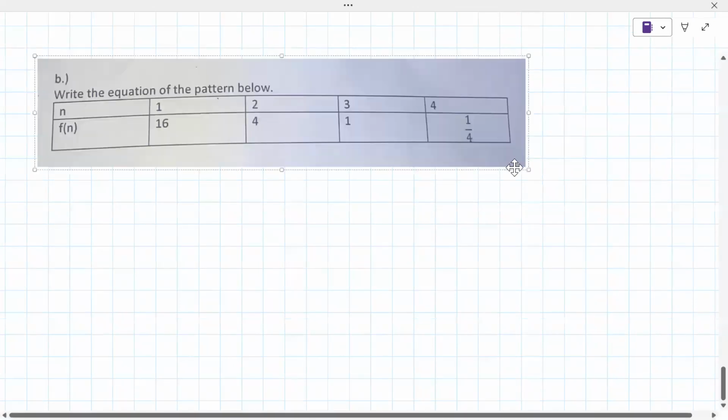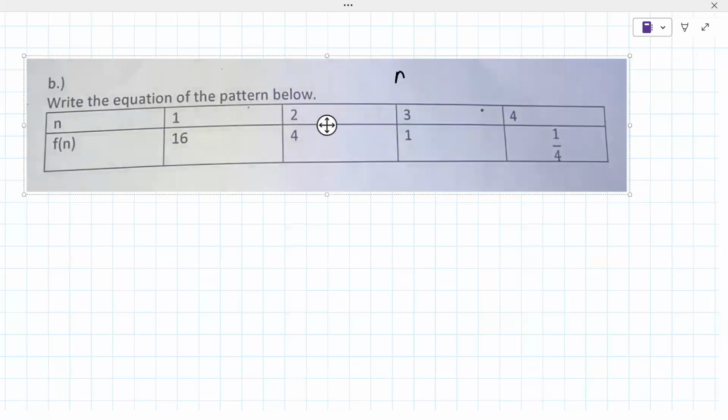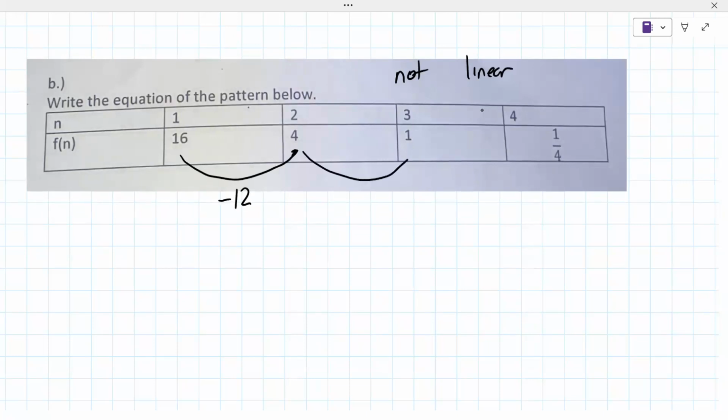So the other type of problem they tend to give you in this class, which really is out of scope, but they do it anyway, is they give you something like this, and you might notice right away that it is not linear. If you don't notice that, go from 16 to 4: if you subtract 12, that doesn't work here.